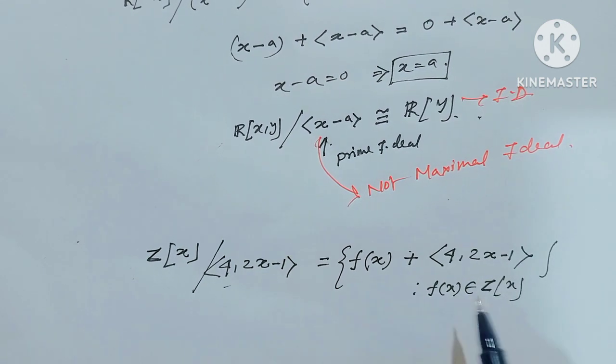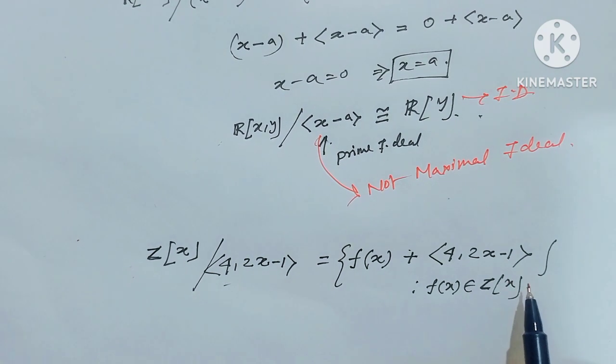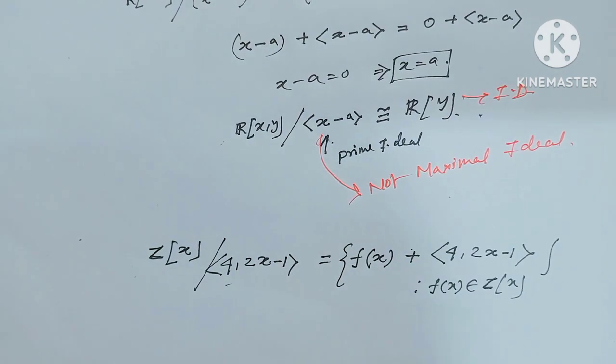Second example, Z[x] modulo the ideal generated by 4 and 2x minus 1. Obviously this means f(x) plus the ideal generated by 4 and 2x minus 1, where f(x) is in Z[x].